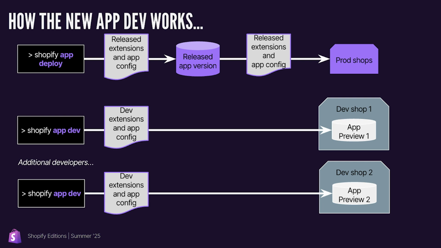So with the new app dev, we've made this much more straightforward and aligned it with the behavior of Shopify app deploy. With app deploy, the released extensions and app config are distributed to all the shops which the app is installed on. With app dev, we're going to follow a similar model now, except we're just going to distribute that version of the app to your development shop.